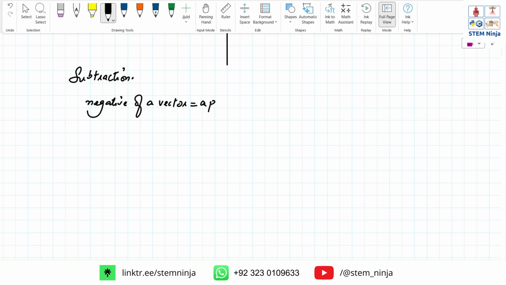So a parallel vector, identical in magnitude but in opposite direction.